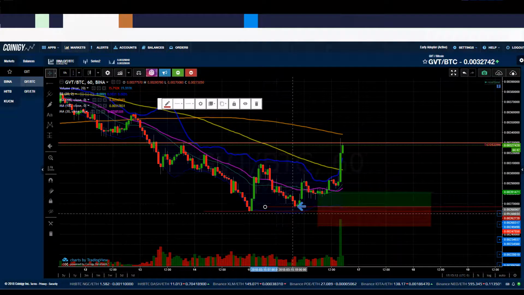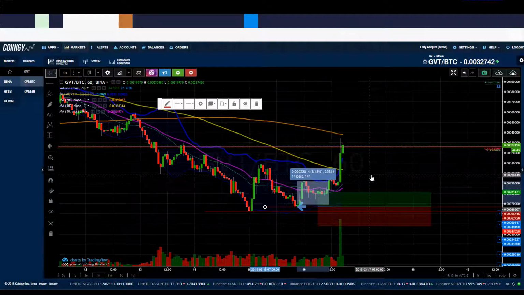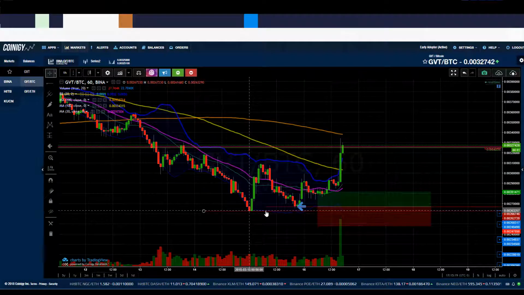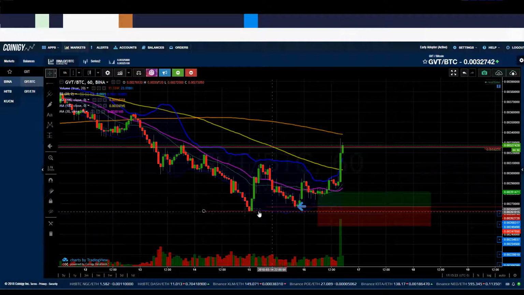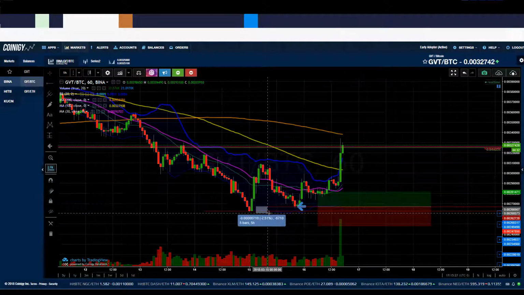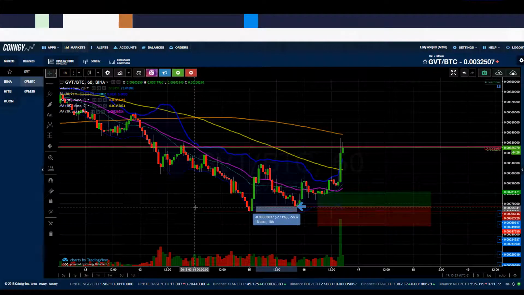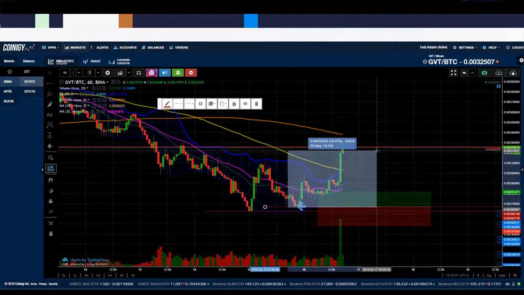Usually if you do see that, this is actually an okay place to enter sometimes, because you see that it didn't quite reach this level of support. So it has a new level of support that makes this support a little bit stronger, right? Remember, support is elastic, but there's that little bit of room between the floors, about 2% of room. And then from there, what did it do? It just started to shoot up.